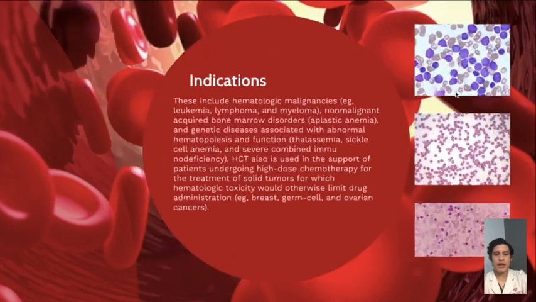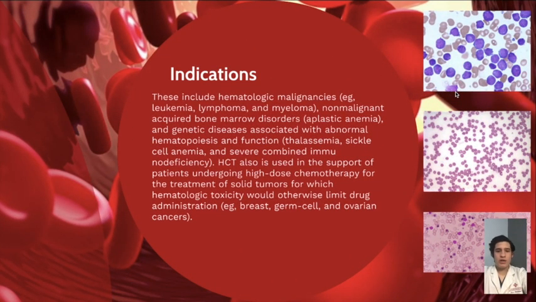Now, what are the indications? Well, the hematopoietic cell transplantations are indicated for hematologic malignancies such as leukemia, lymphoma, and myeloma, non-malignant acquired bone marrow disorders, and genetic diseases associated with abnormal hematopoiesis and function, such as thalassemia, sickle cell anemia, and severe combined immunodeficiency.